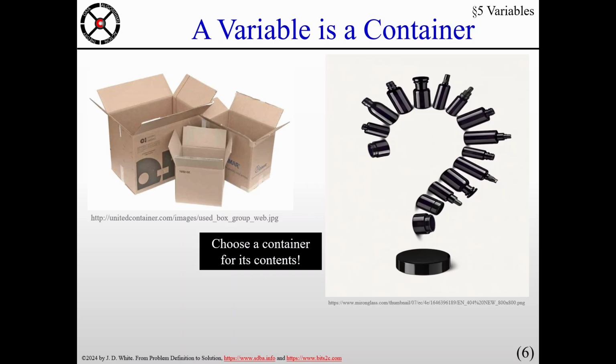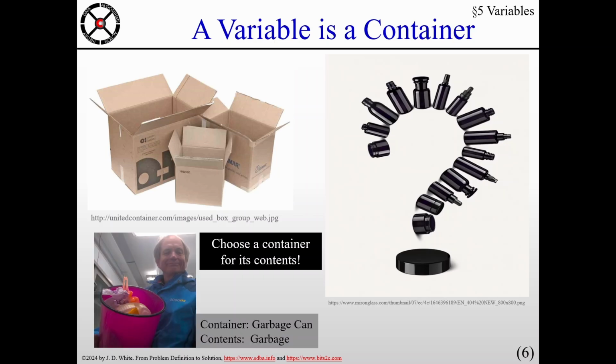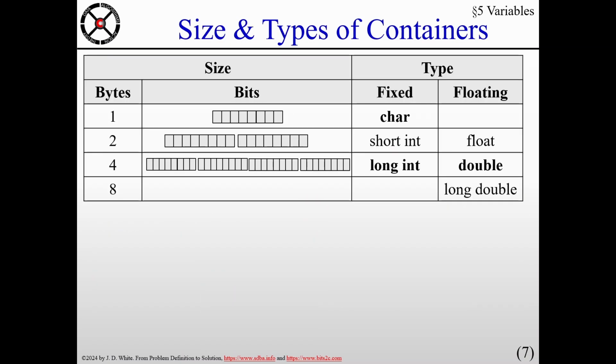And we have two choices. We have two main types of containers that we put things in. One is a fixed point container. One is a floating point container. Okay, we have these two types of containers that we can work with.